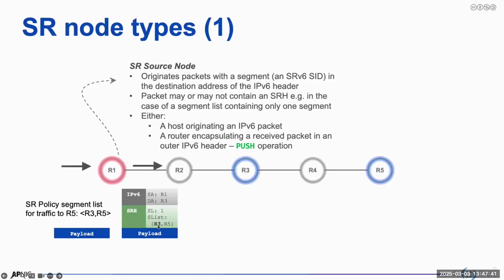R3 is the first segment, so it will put R3 into the destination address field. And the segment left value is equal to n minus 1, where n is the number of segments. Here we have two segments, so 2 minus 1 gives us the value of 1.